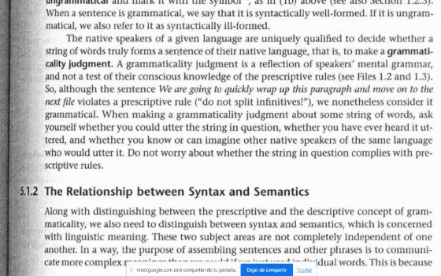Although the sentence violates the prescriptive rule, do not split infinitives, we nonetheless consider it grammatical.